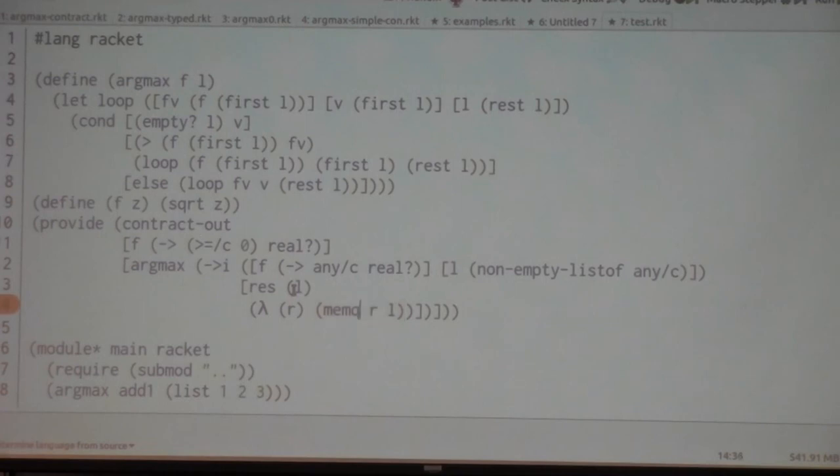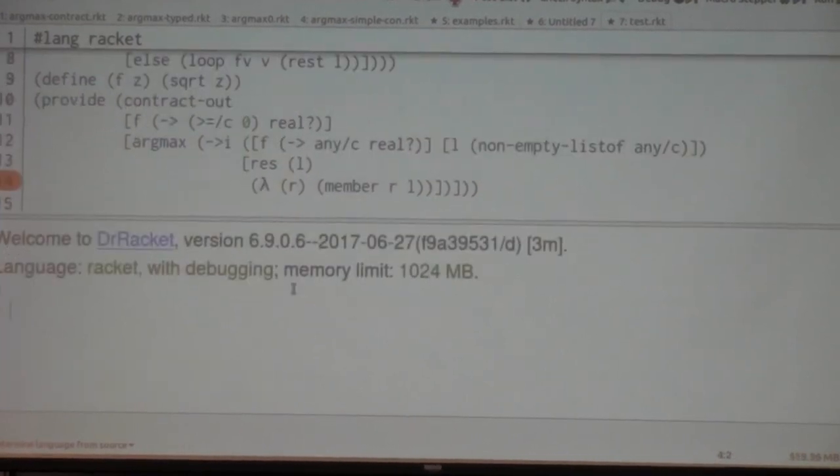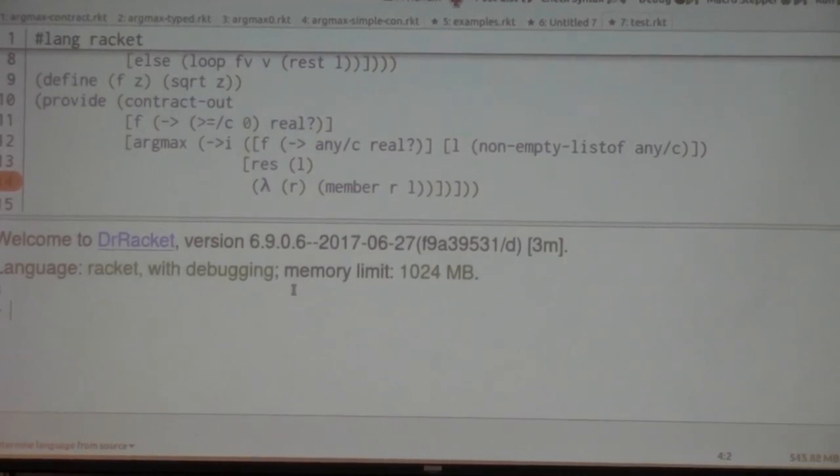I'll just write member. R is a member of the list L. So now we've expressed one of the trickier parts of our original specification by checking that we actually got back an element of our input list.